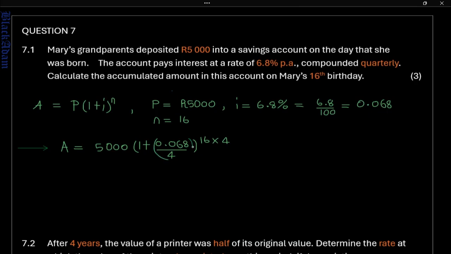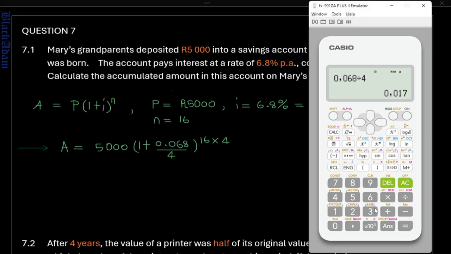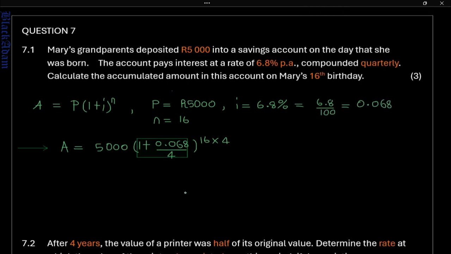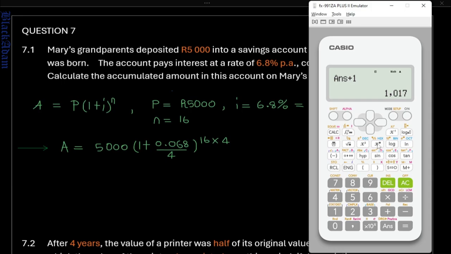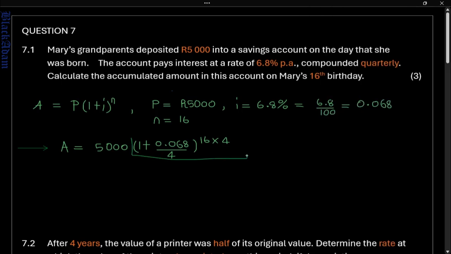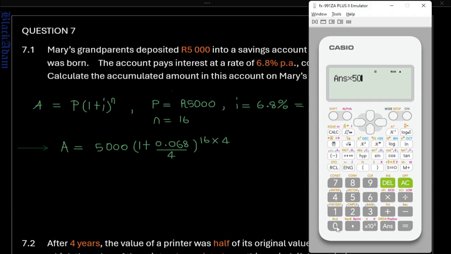That's the part we start with, and from there we add 1, so everything in the bracket, and then we raise that to the power of 16 times 4. That gives 2.94133, and from there we multiply by 5,000, and that's our final answer.